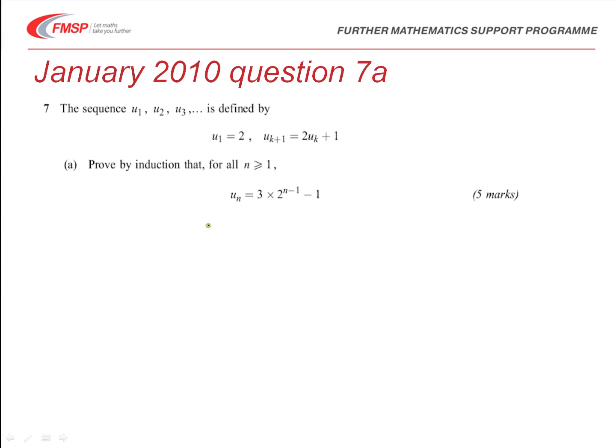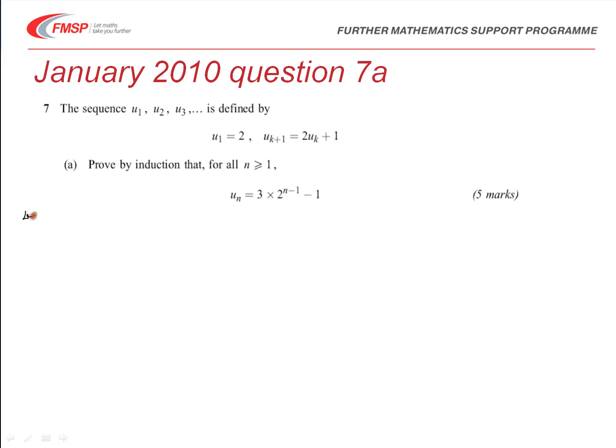Well, we know that to do proof by induction we've first got to show that it's true for the first term, and then the second part of the problem is to show that if it's true for any particular value of n, let's say k, then it must also be true for k plus 1. So we'll start off by letting n equal 1.